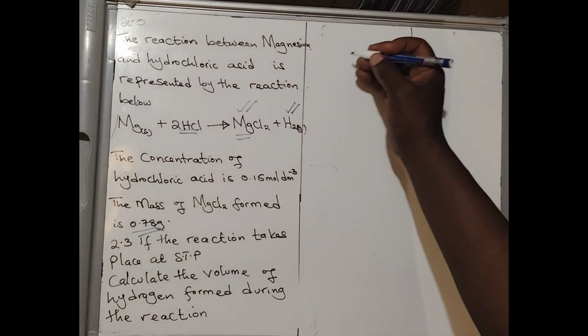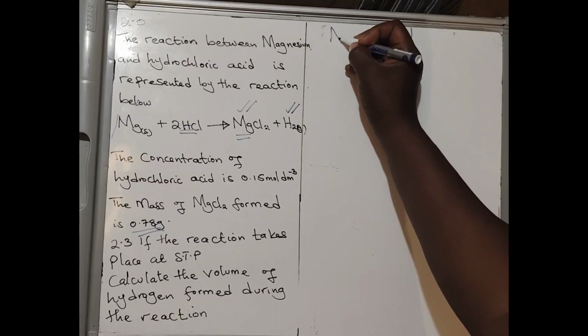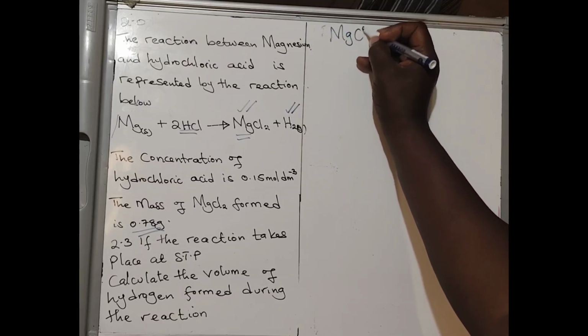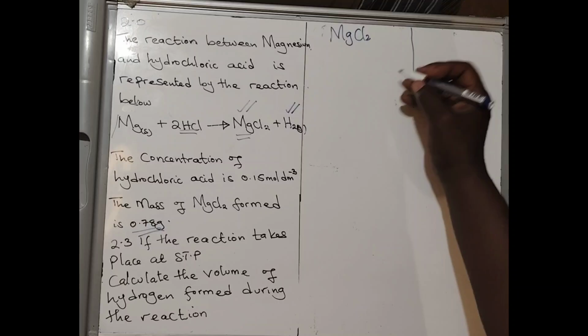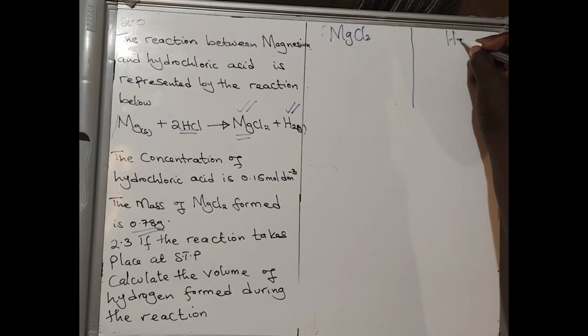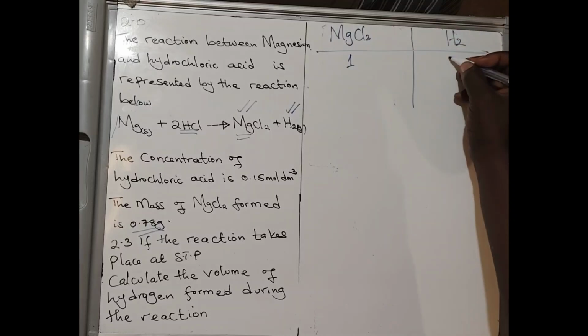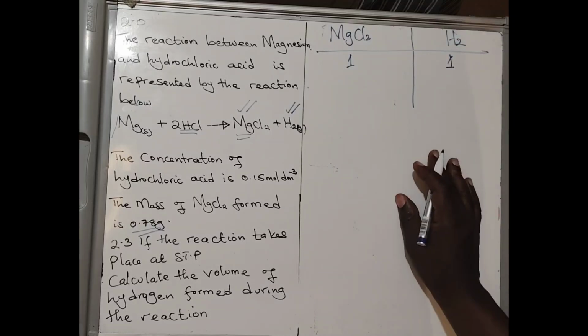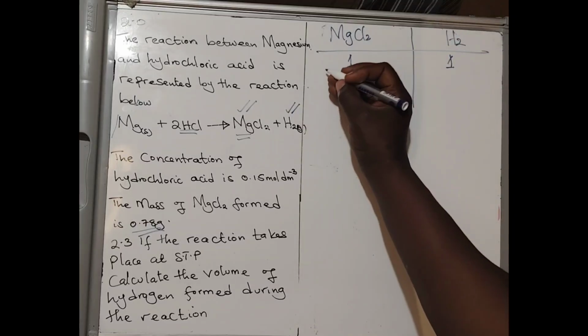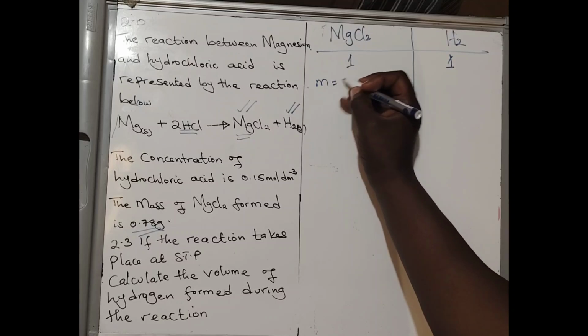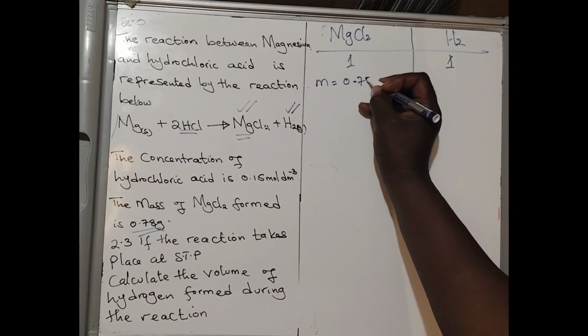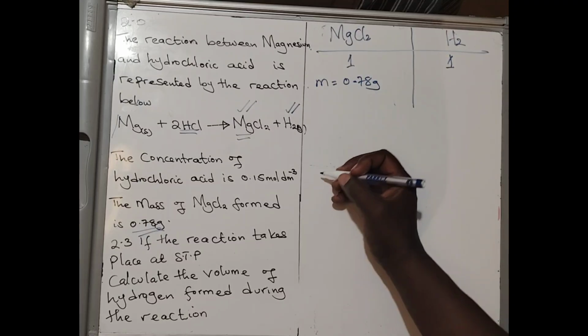So you put magnesium chloride on this side, and on this side you put hydrogen. The ratios are 1 to 1. The known is magnesium chloride. We know the mass. The mass is 0.78 grams.